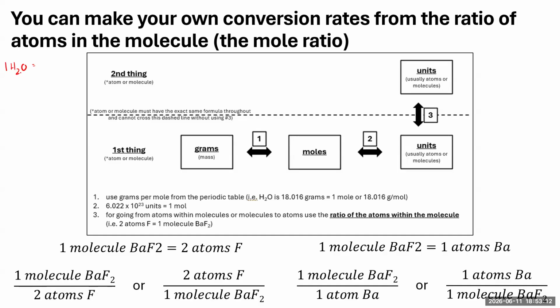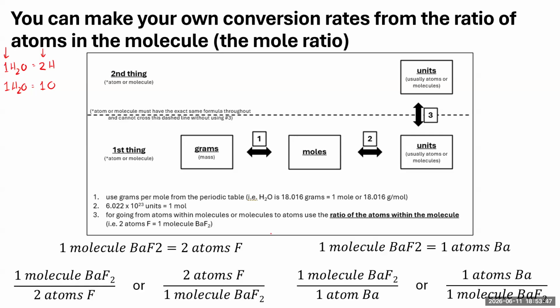H2 means there's two hydrogens. So this is two hydrogens. So the ratio is one molecule of water to two atoms of hydrogen. All right, what about now one molecule of water? How many oxygens are there in one molecule of water? Well, it's only one, one oxygen atom. Let me just clean up these ones a little bit so it looks like ones.